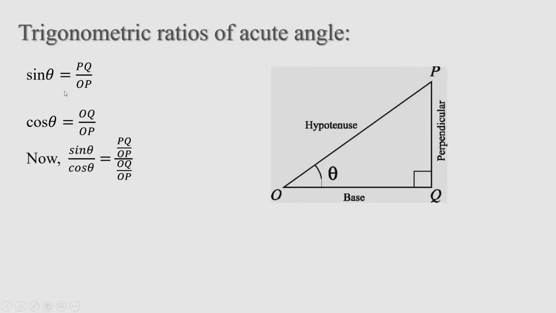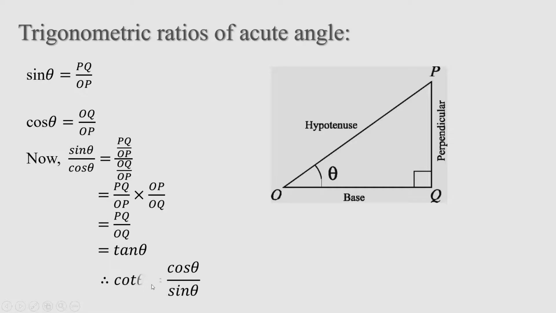Now sin theta by cos theta, we can write these two ratios, and now cancelling OP we get PQ by OQ, and we can write PQ by OQ is equal to tan theta. So therefore we get tan theta is equal to sin theta by cos theta, and we know cot theta is equal to 1 by tan, therefore cot theta is equal to cos theta by sin theta. Clear? I hope it is.